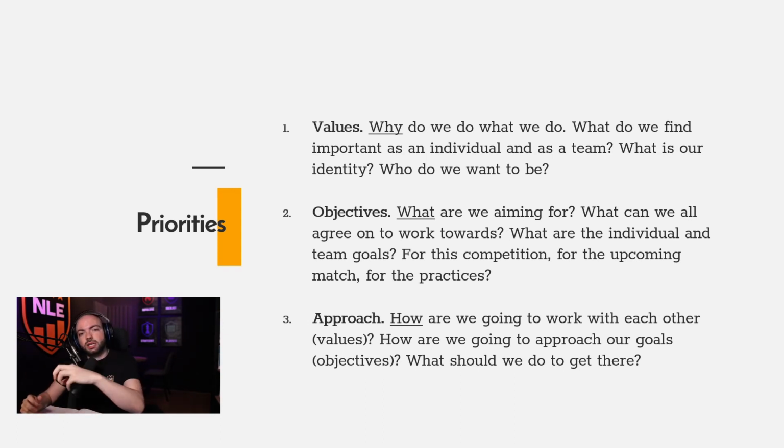So you can hold them accountable to the values that everyone agreed on at the beginning of the season. And if you make this clear and you write this down and you make it visible within your team, or you repeat it every once in a while, or when it's necessary, then it starts to sink in, and it creates a sort of safe environment and a framework where everyone knows what to work toward.